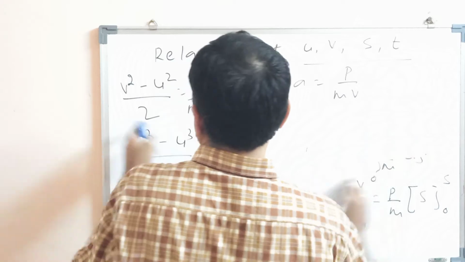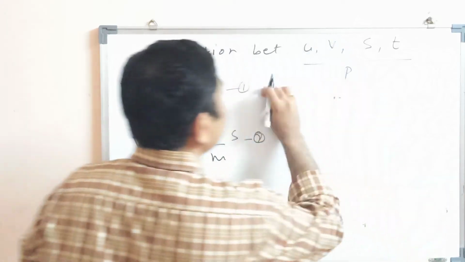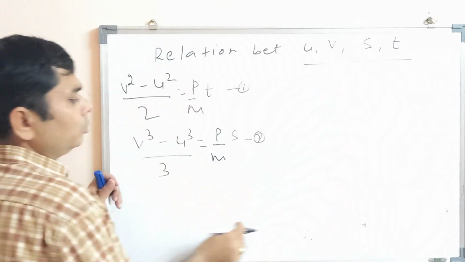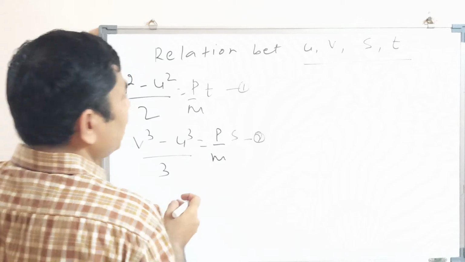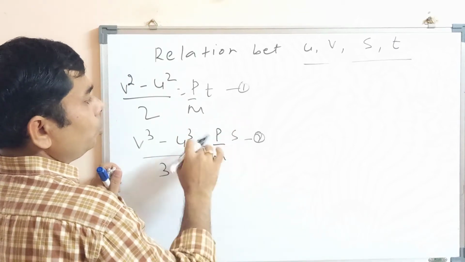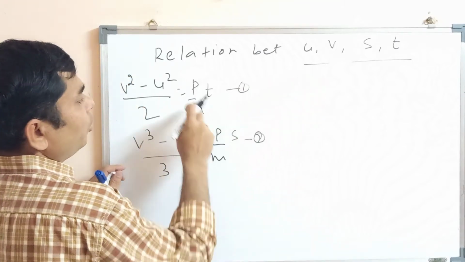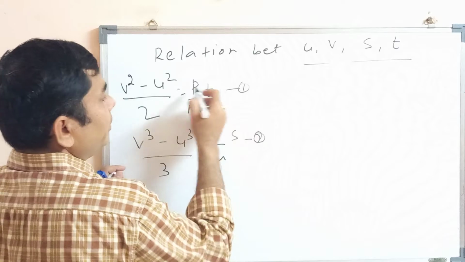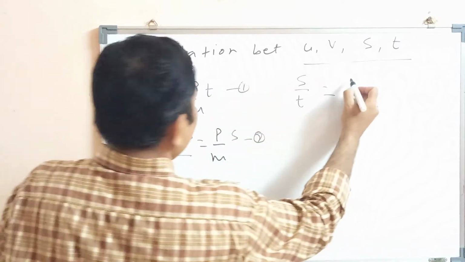Okay. तो यहाँ पे u, v और t के बीच में रिलेशन मिला, यहाँ पे u, v और s के बीच में रिलेशन मिला. Now we want to establish the relation between all of these variables. So क्या करेंगे? So we will just divide equation number 2 by equation number 1. So यहाँ क्या मिलेगा? P by M S upon P by M T. P by M तो कैंसिल हो जाएगा. S upon T is equal to, इधर क्या बचता है?